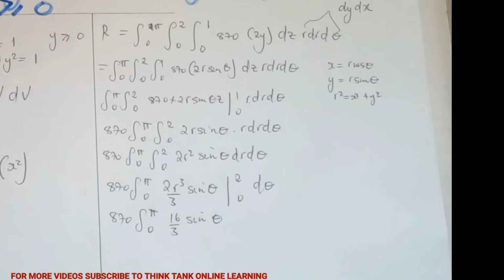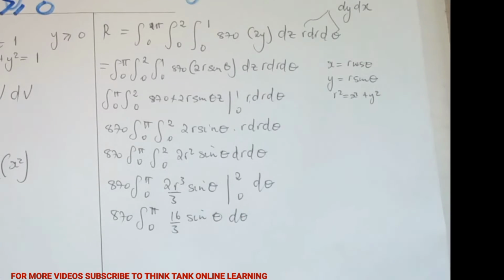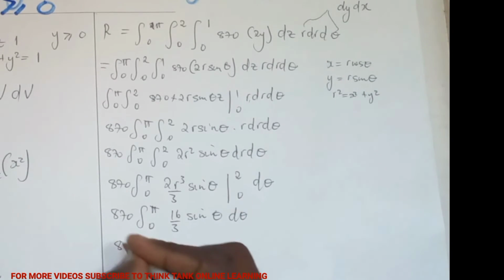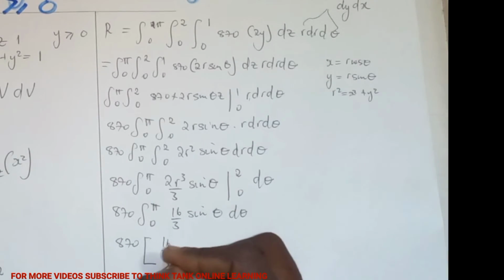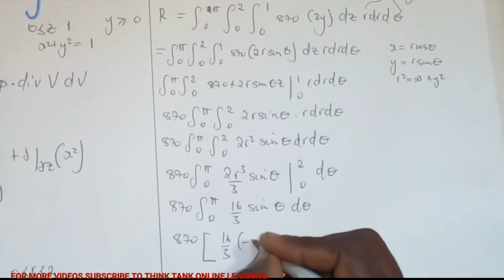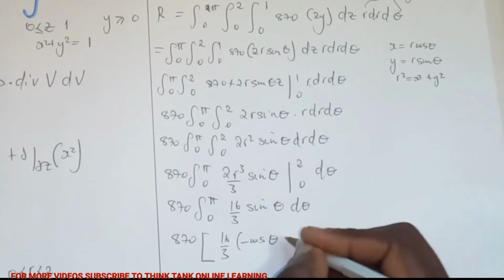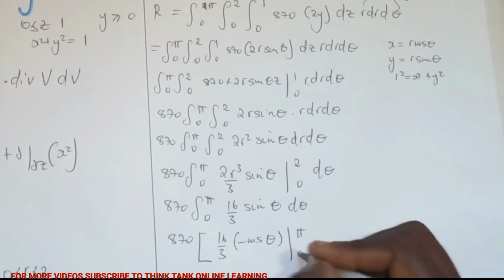Okay, now to theta, I'm going to do my theta integration. So it's going to be 870, 16 over 3. Okay, so it's negative cos theta, then the limits pi and 0.